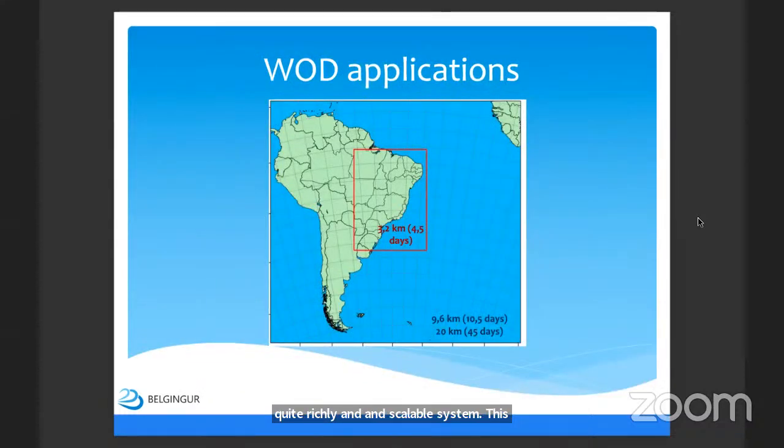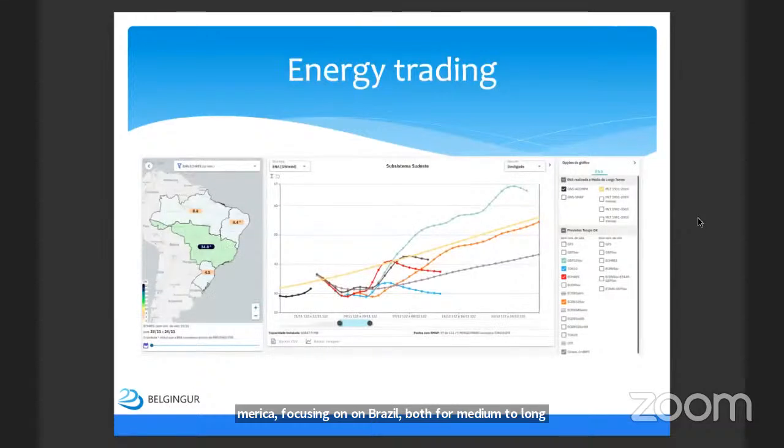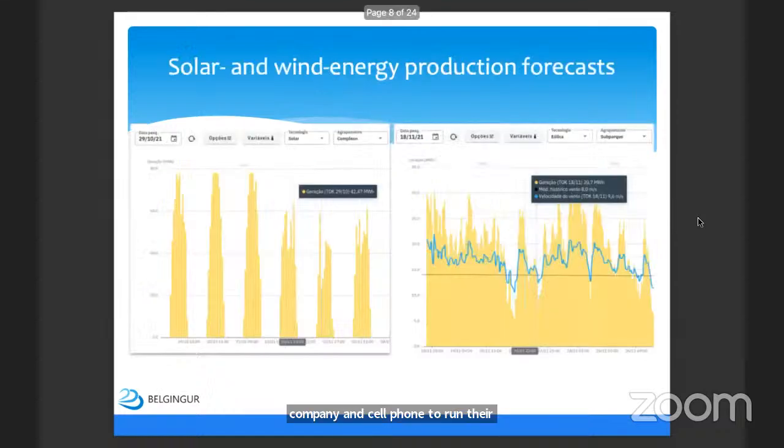A few applications. Our main operation is in South America, focusing on Brazil, both for medium to long range simulations. This data in turn is used by a local company in Sao Paulo to run their energy trading services, renewable power production forecast, both for solar and wind energy.